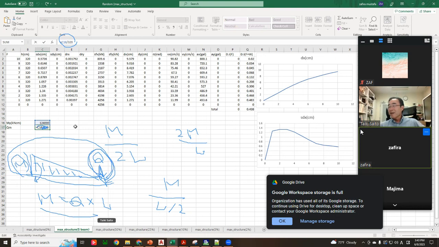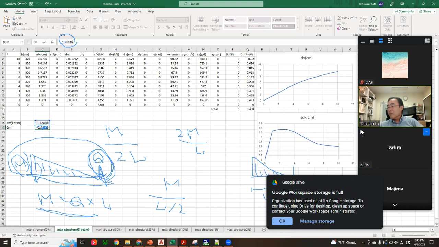Yes, I see. So in your case, the point is like this shape. So half length of beam. It's like cantilever, right?